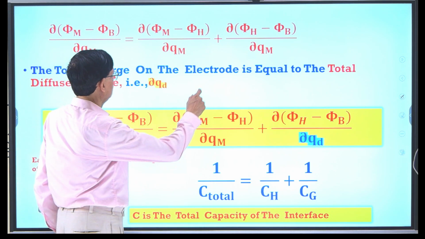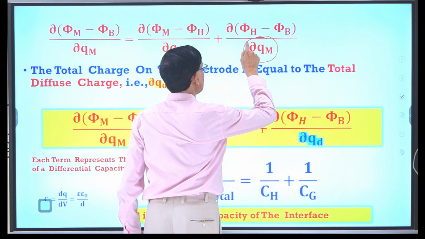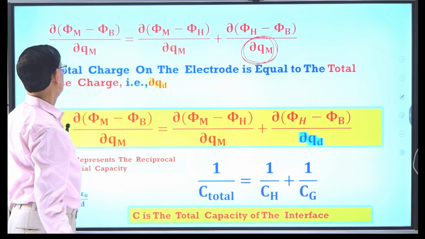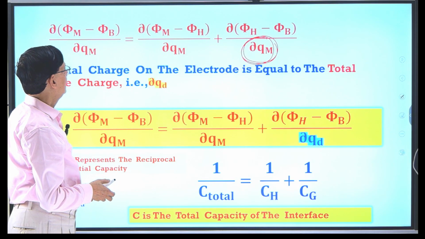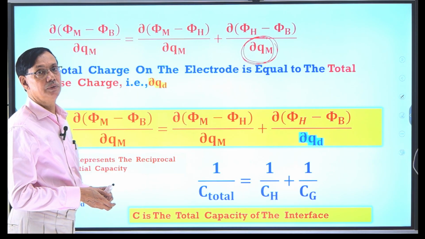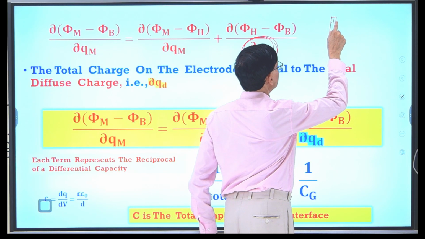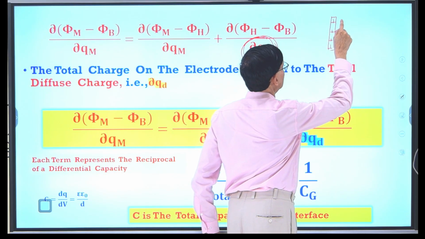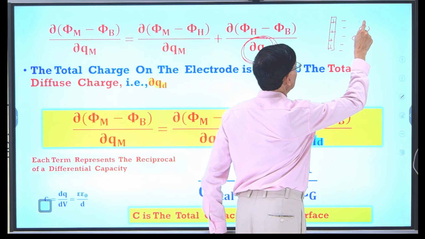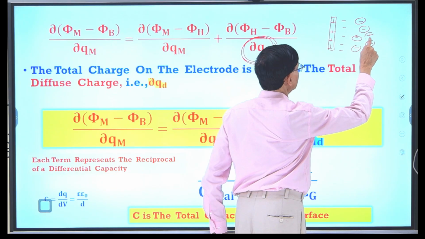So these are the equations. What I am telling is that this part must be changed because the total charge on the electrode is equal to the total diffuse charge. Because if I take a metal here, it is plus, plus, plus, plus, plus, and then there is a scattering. Some hydration is also there, which I have not considered here. Some positive charge is also there.